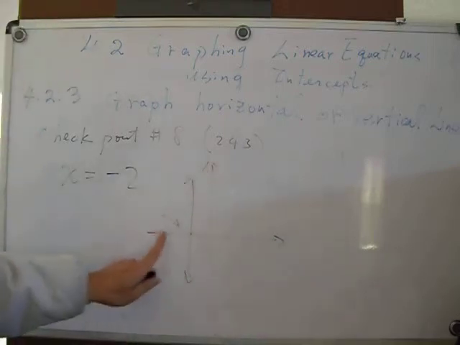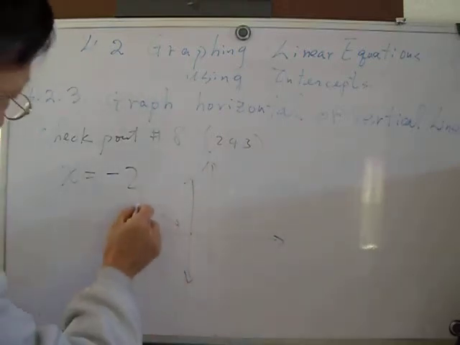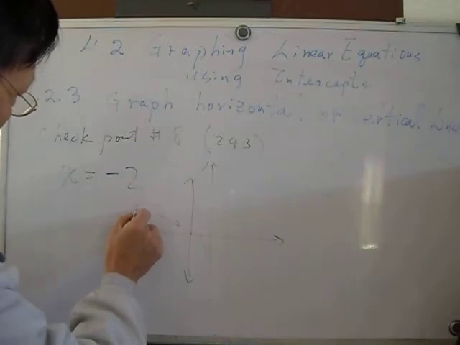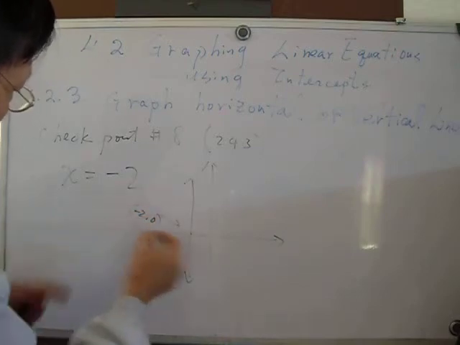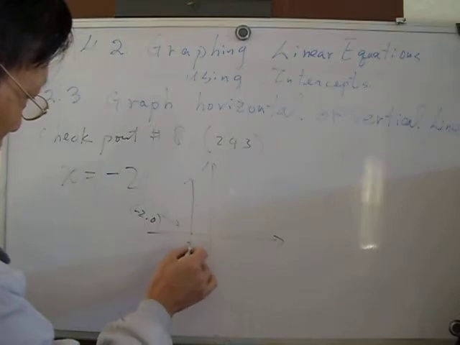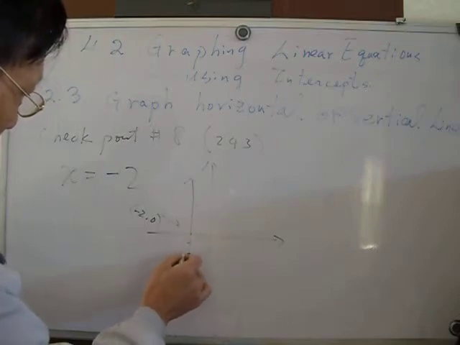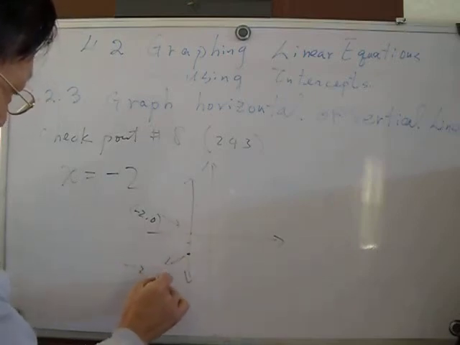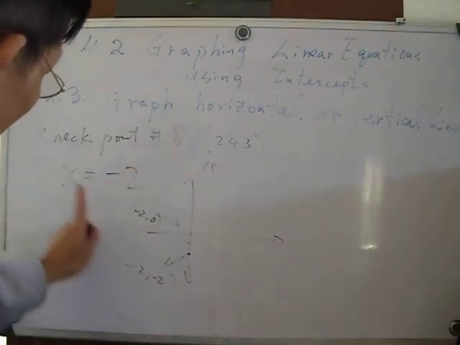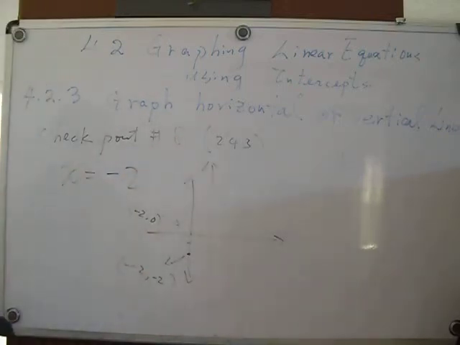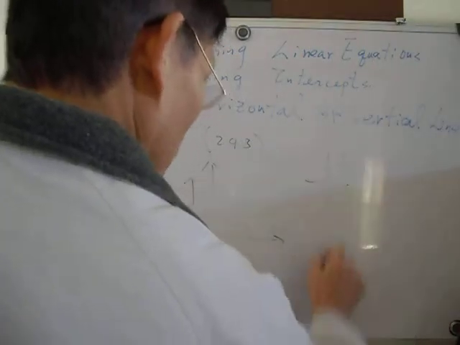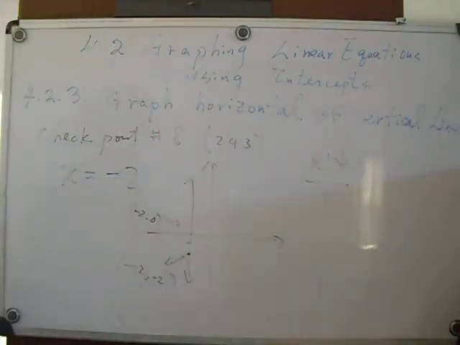When you graph your line on the exam, you need to label 1 or 2 points. This point is probably negative 2, negative 2. This is a vertical line. If you want to build a table, by the way, a table is not required.